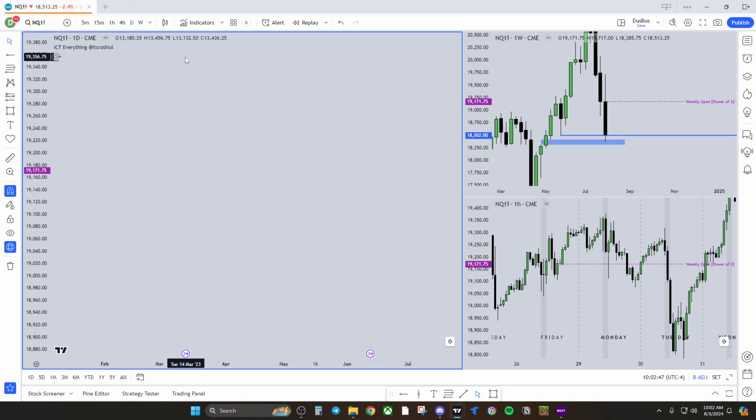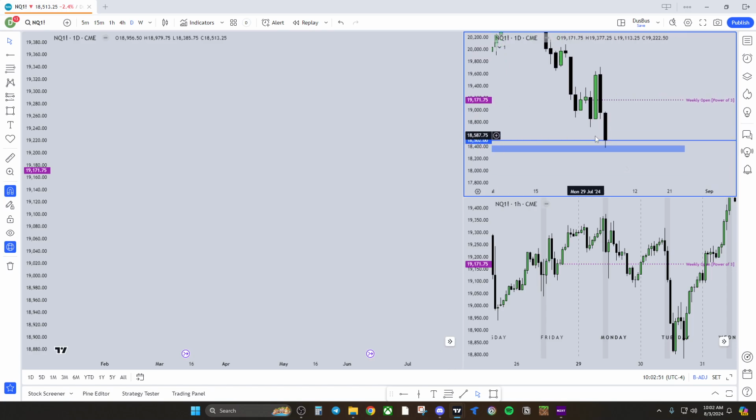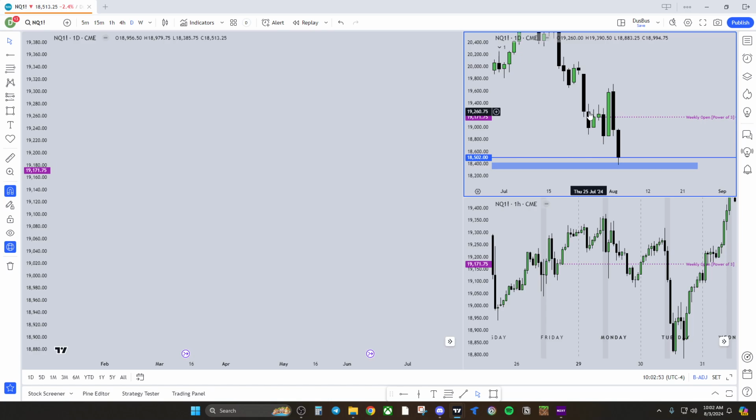On the daily chart, as I stated, we had news on Tuesday, Wednesday, Thursday, and Friday. So I was looking for this internal to be tagged and then seek my weekly objectives.